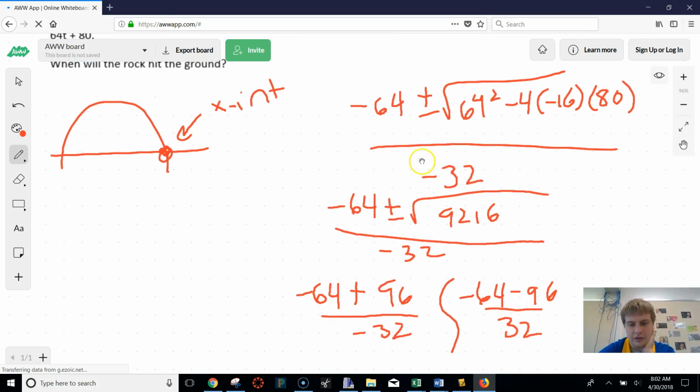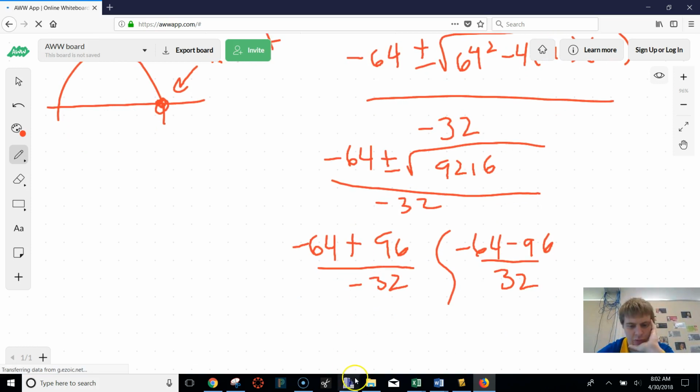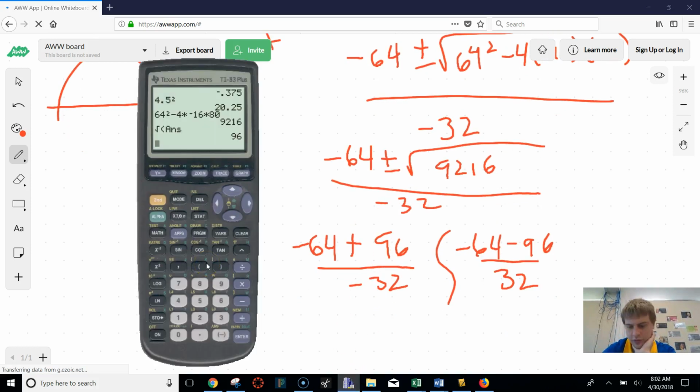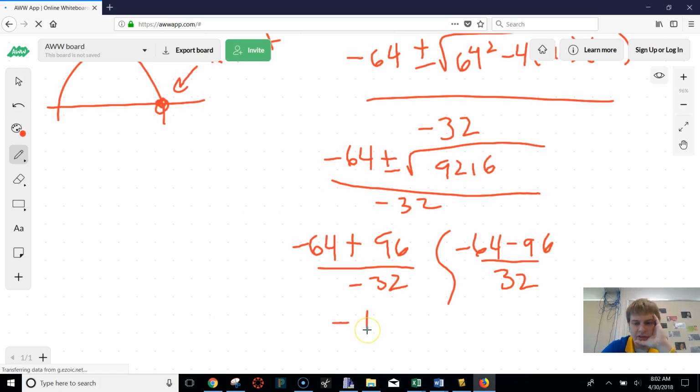Now when I do this, I don't really have to do this side, and I'll show you why in a second, because we would do negative 64 plus 96, and then divide that by negative 32, and you'd get negative 1 seconds. Can time be negative? No, so that one doesn't work.